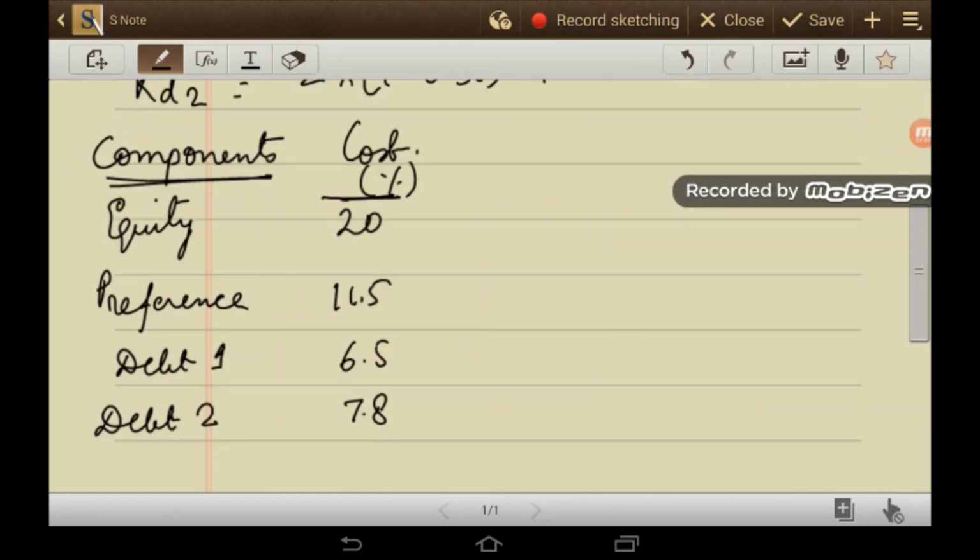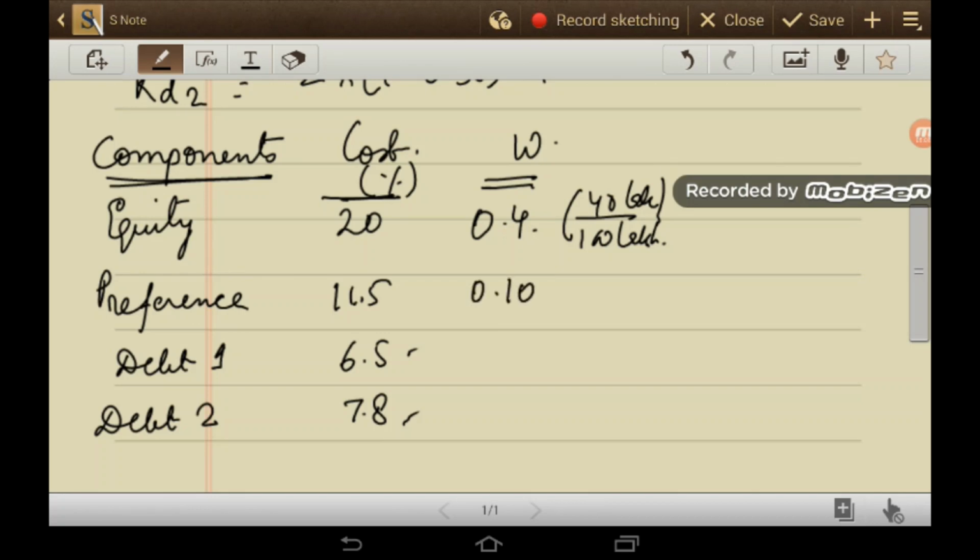So the components are equity, preference, debt 1, debt 2, and the costs are 20, 11.5, which is given, then 6.5 we have calculated and 7.8 again we have calculated. So what is the weight? In the first case this will be 0.4 because 40 lakh by 100 lakh, because your capital structure changes. Next will be 0.10, 10 lakh by 100 lakh, then 0.3, 30 lakh by 100 lakh, and then the last one will be 0.2, 20 lakh by 100 lakh.